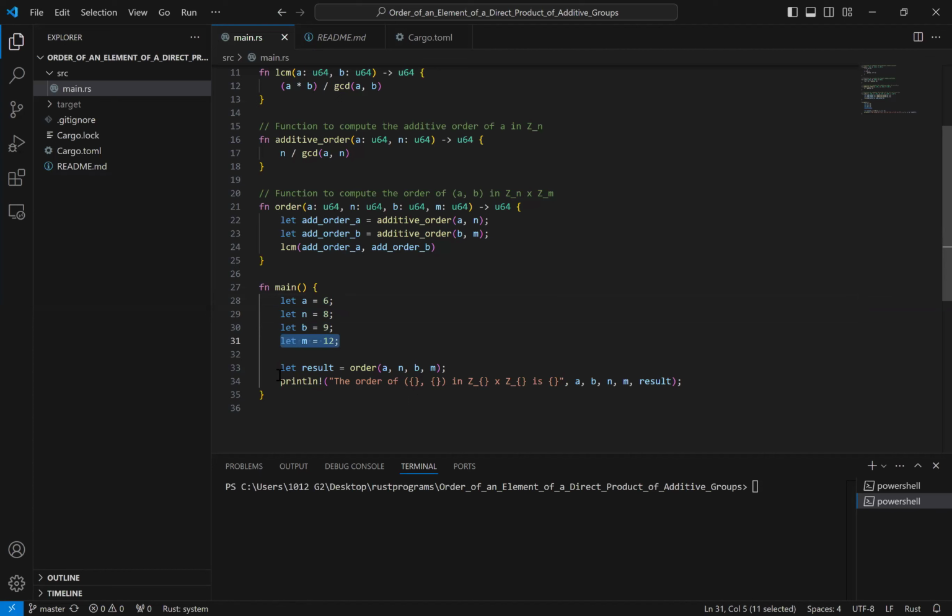So what do I expect as my result? My result would be the order of the first element 6 and the second element 9, in Z mod 8 cross Z mod 12. So that's what I'm expecting. Let me just run this code and see.